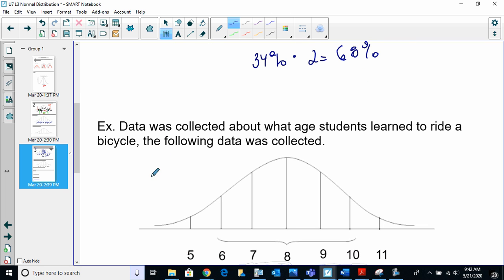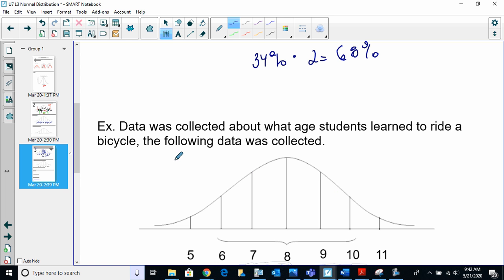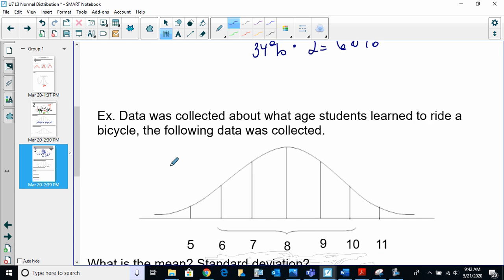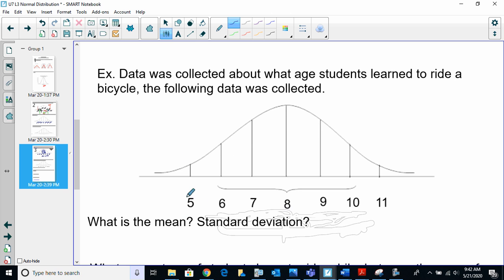Data was collected about the age at which students learn to ride a bicycle, and the following data was collected. When plotted into a bell curve, we see that the exact middle of the bell curve is at 8.